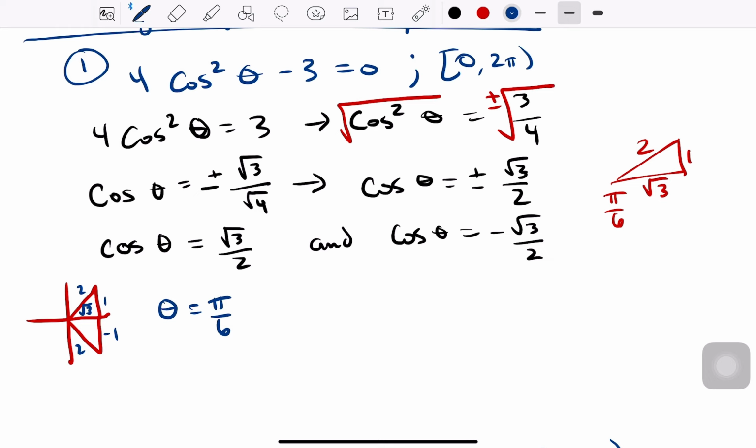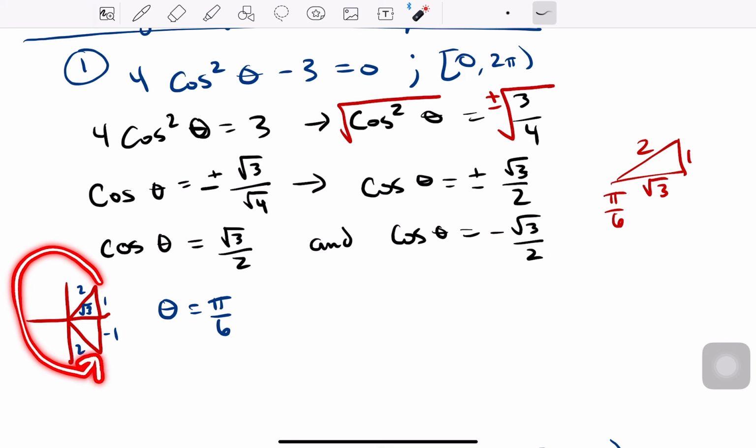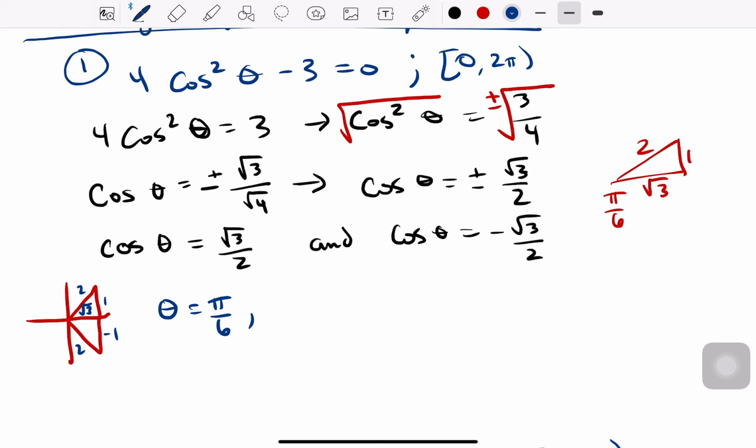Pi over 6 is 30 degrees. Now the question that follows is, what theta gets us down here? We're not going to get to all the small details, but that should be 330. And if you don't know, that's 11 pi over 6. Please watch a video on the unit circle in order to get better at locating these reference triangles.